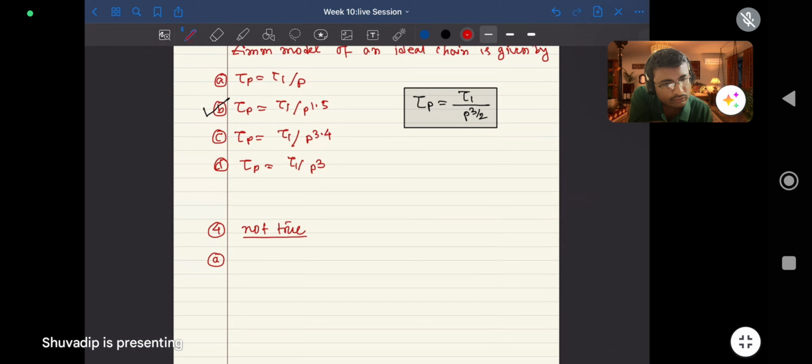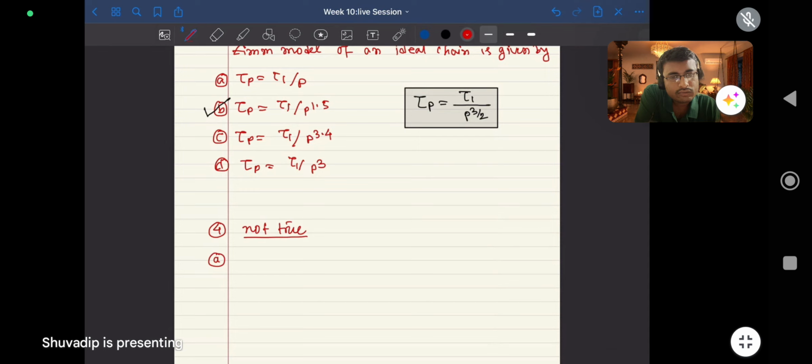Option A: motion of the polymer chain affects flow field.